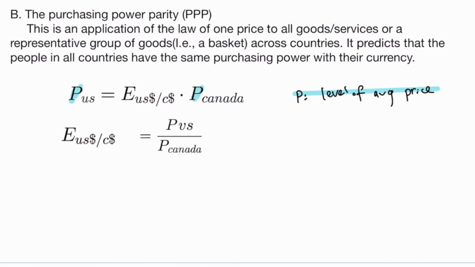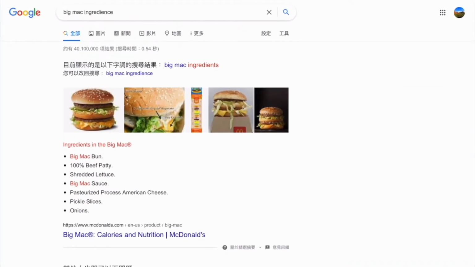Well, that is the hamburger sold by McDonald's. They have a 100% beef patty, shredded lettuce, a Big Mac sauce, and then they have American cheese, pickle slices, and onions. So the ingredients inside the Big Macs are exactly the same across all countries.